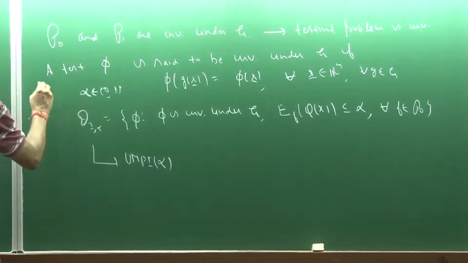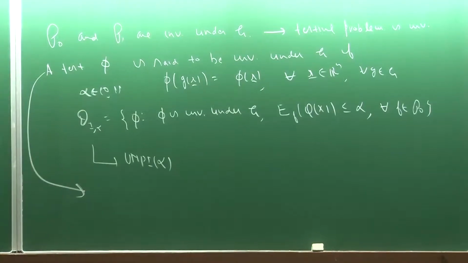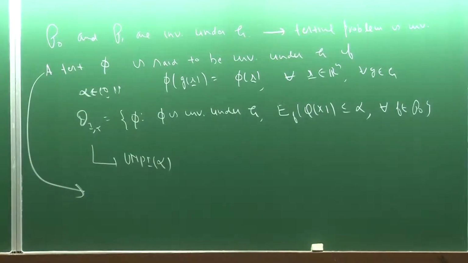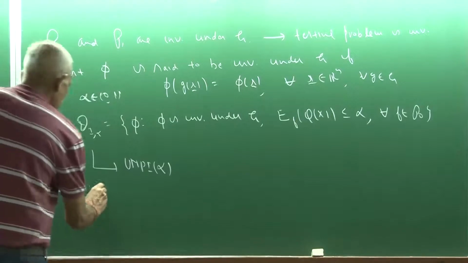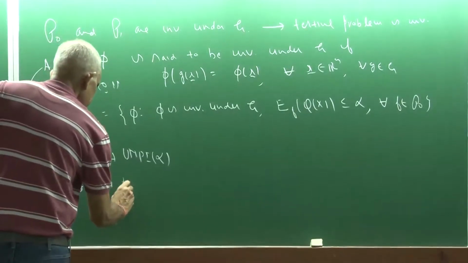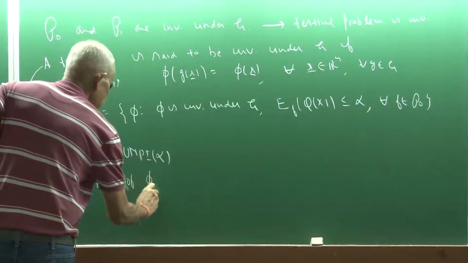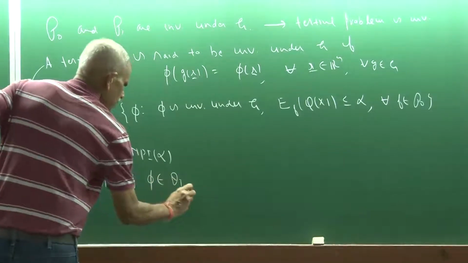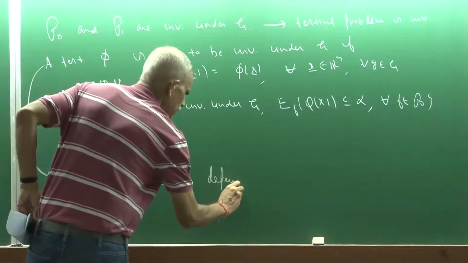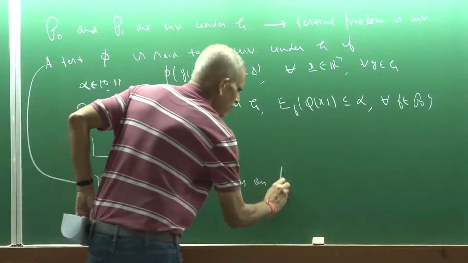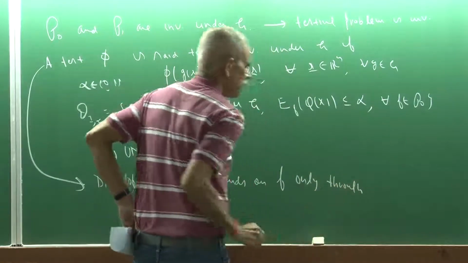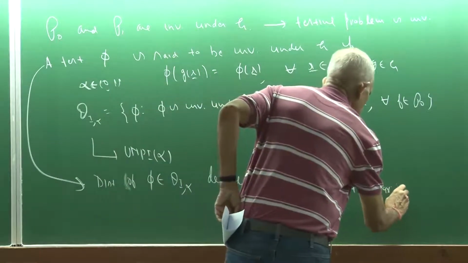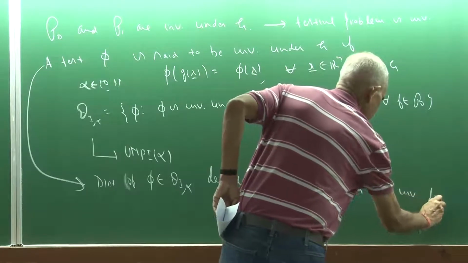Now what we proved was, if your phi is invariant, then the distribution of phi depends on a maximal invariant functional. So the distribution of phi, which is invariant, that means it belongs to D_alpha, depends on f only through the maximal invariant functional theta(f).